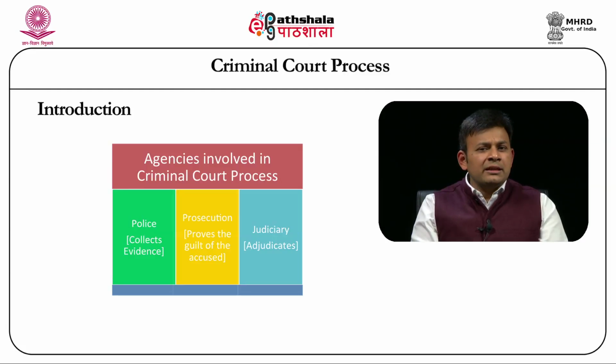He does not take active interest or active involvement in the criminal trial. He intervenes only when it becomes imminent. Therefore, the role of the judge is to act as a neutral umpire, to hear both sides clearly, and then to adjudicate.